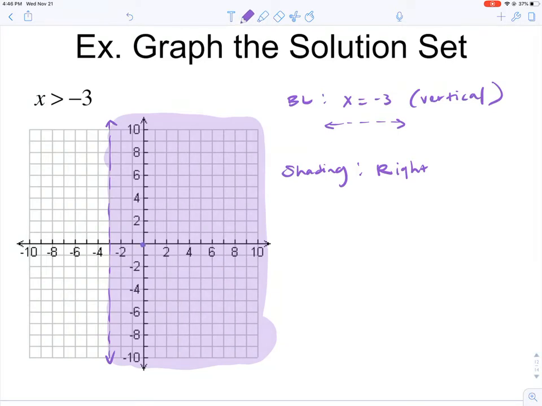Okay, I can again use (0, 0) as a test point. Only substituting 0 in for x, and that's a true statement.